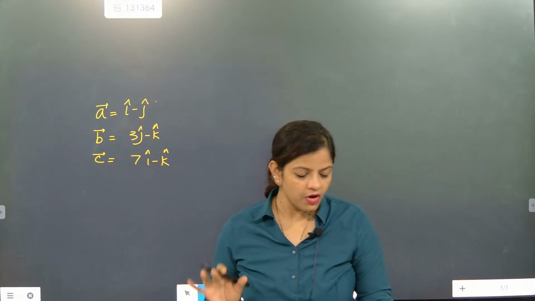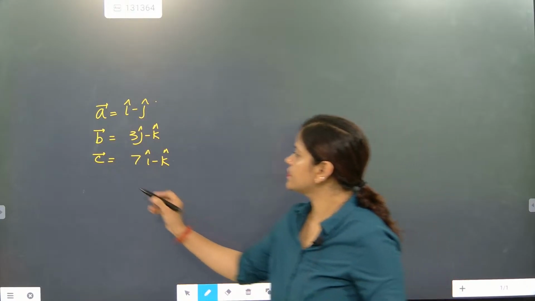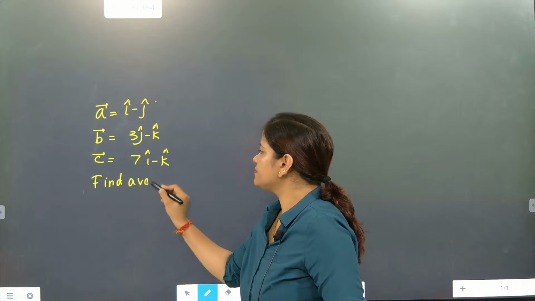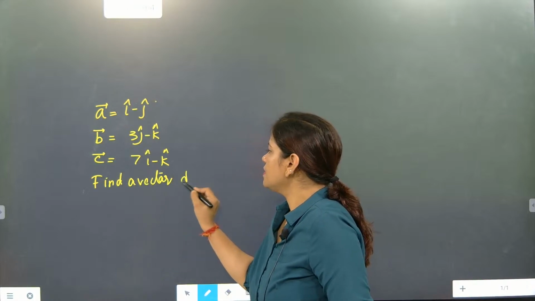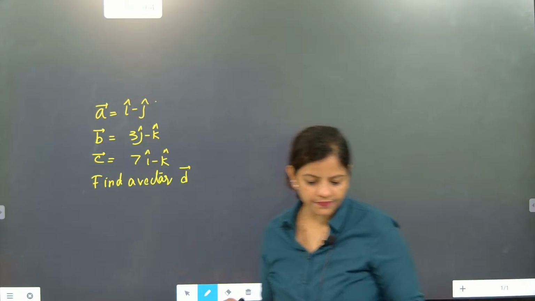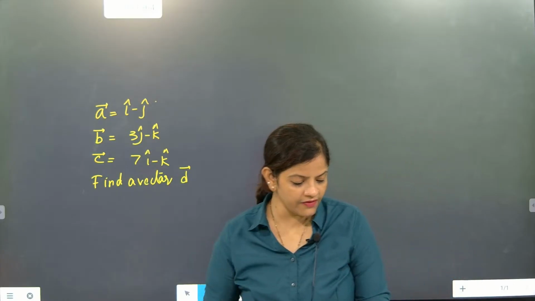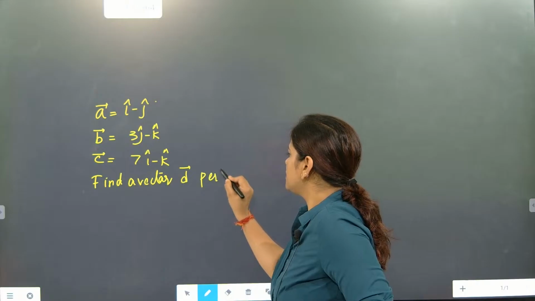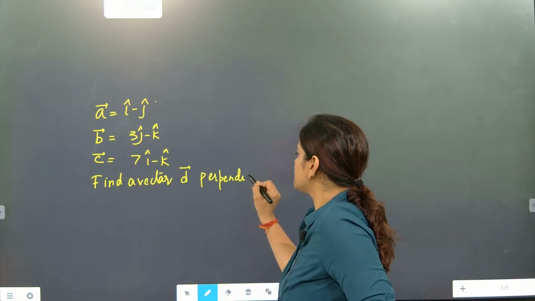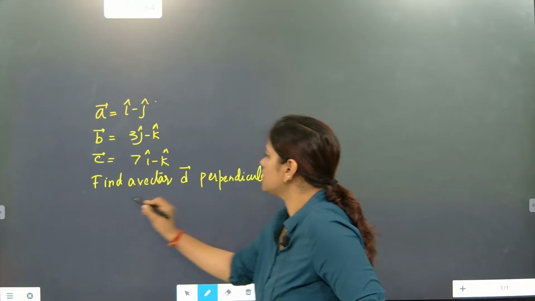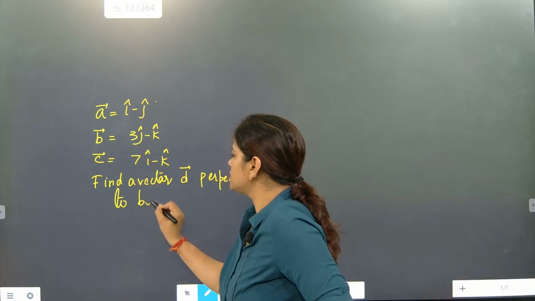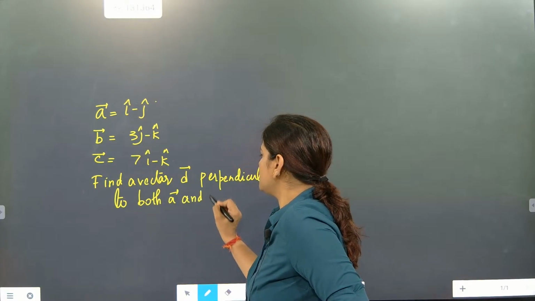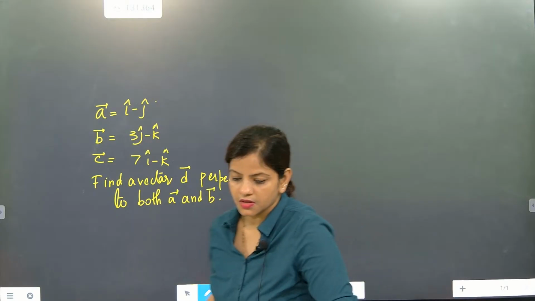So now find a vector D vector. The question is, find a vector D vector perpendicular to both A vector and B vector.